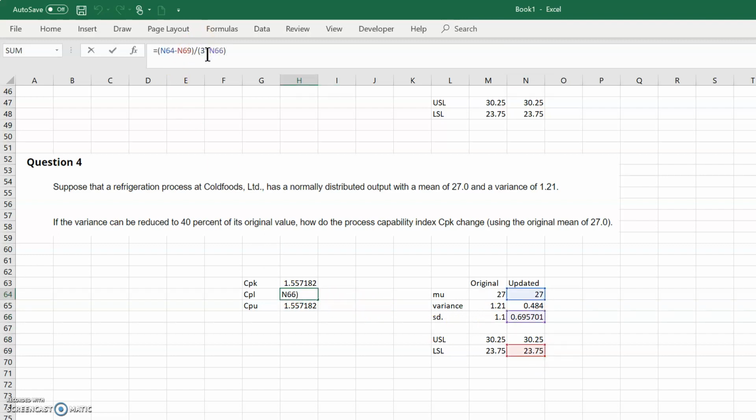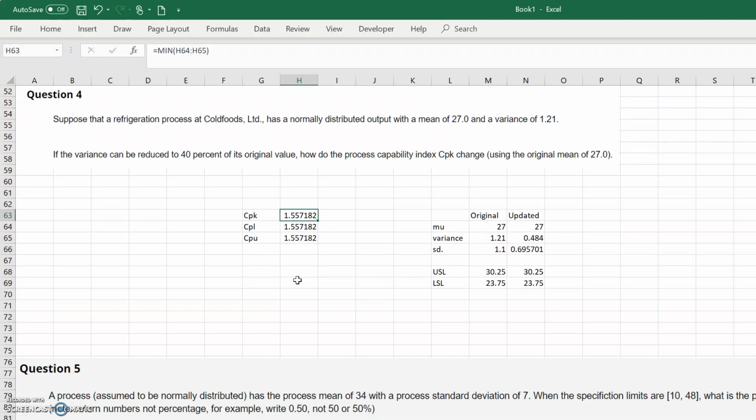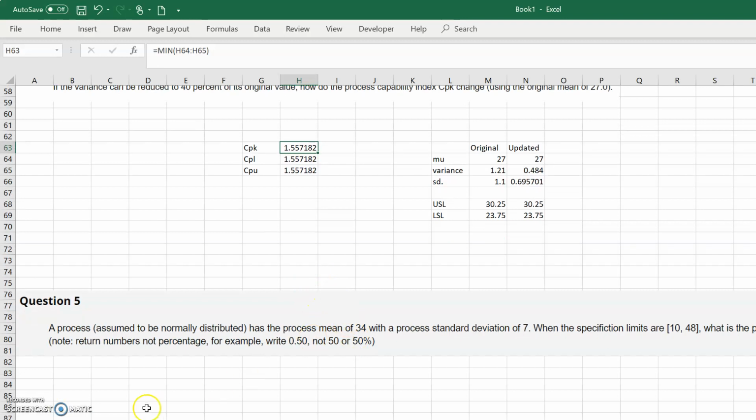So let's double check. Yeah, it looks like almost everything is correct. So this process is now centered, and it is a very capable process. It will make very little defective parts.